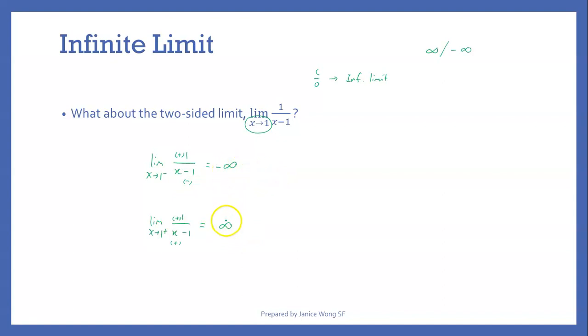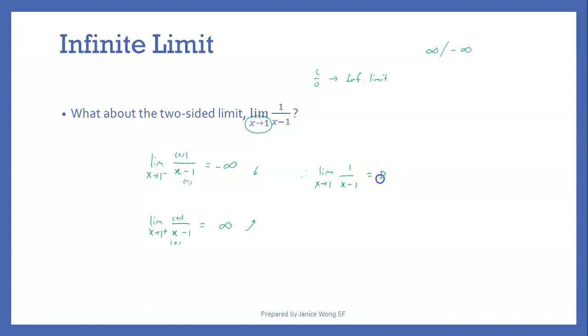So these two limits approach two different values. One is negative infinity, and one is positive infinity. Therefore, what is the conclusion? The conclusion for this two-sided limit shouldn't have any superscript. Let's erase this.